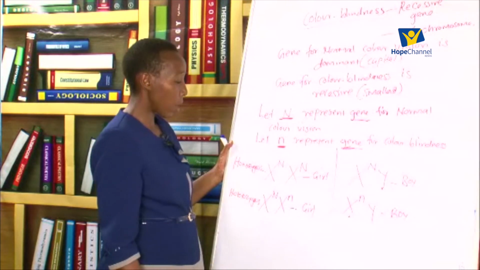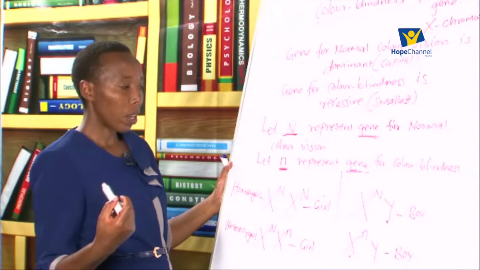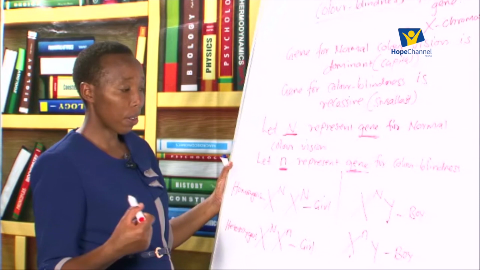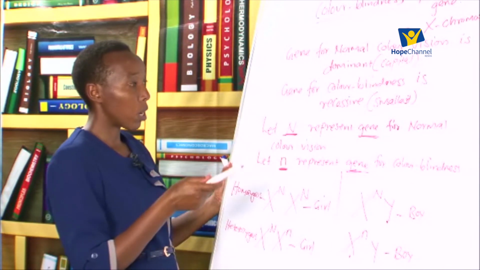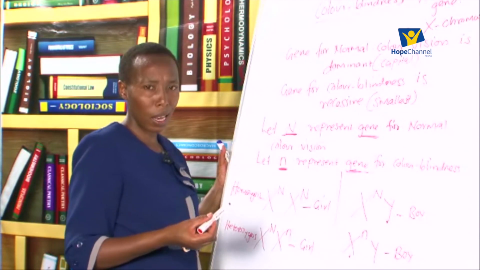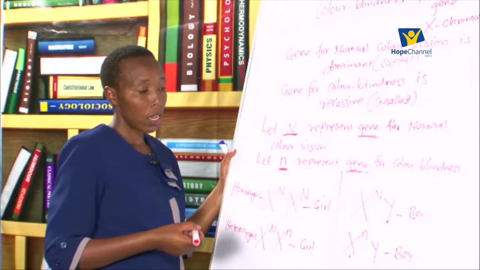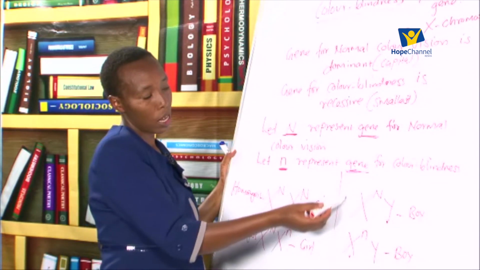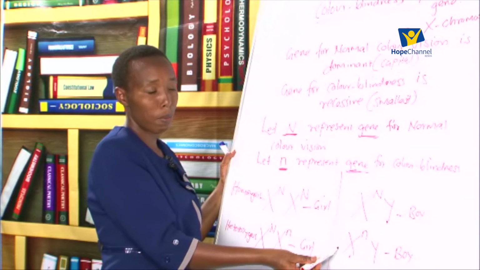The same case applies even when we were discussing hemophilia. You realize that hemophilia commonly affects the boys. The same case, colorblindness commonly affects boys. That's why you hear people say that boys are colorblind. But we don't just generalize and say boys are colorblind, because they are either having a normal color vision or colorblind.